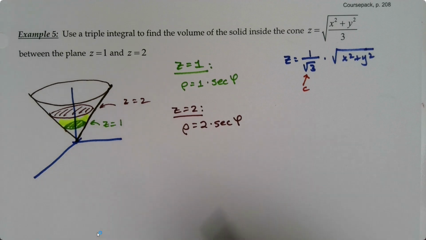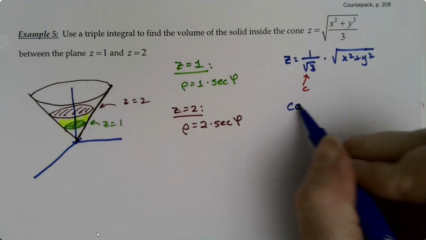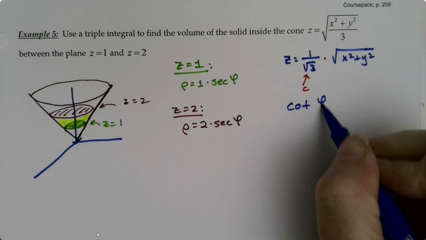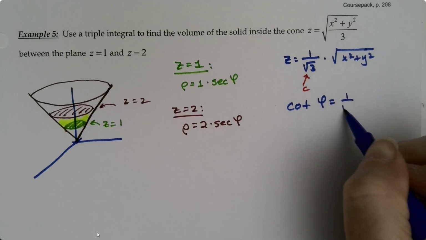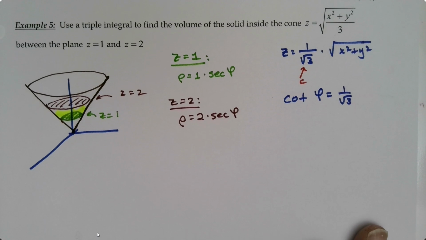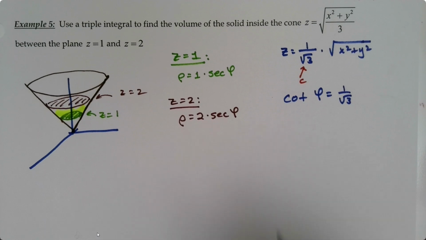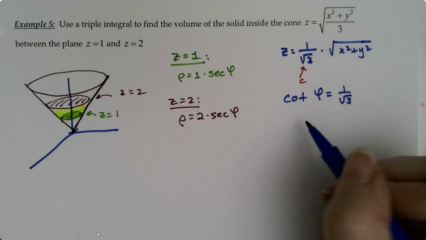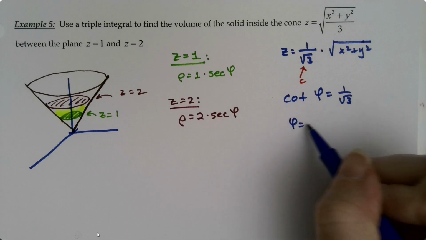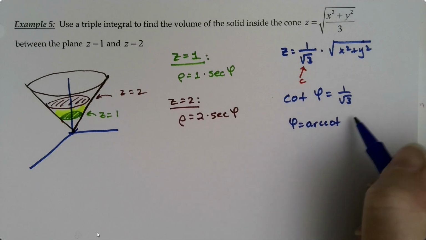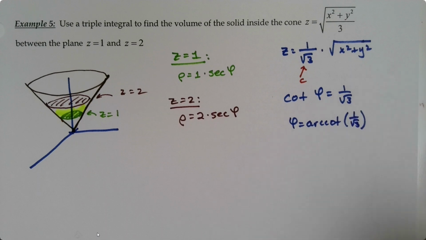Okay, so then that means that the cotangent of phi is equal to that constant, 1 over the square root of 3. And that means that phi is equal to the arc cotangent of 1 over the square root of 3.